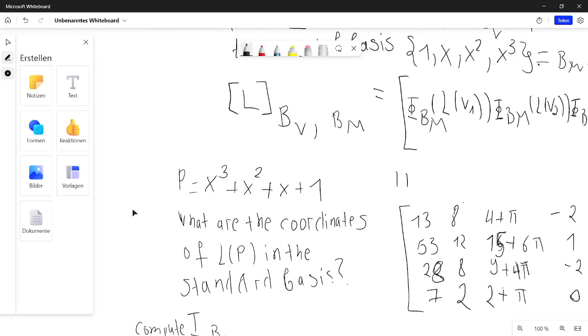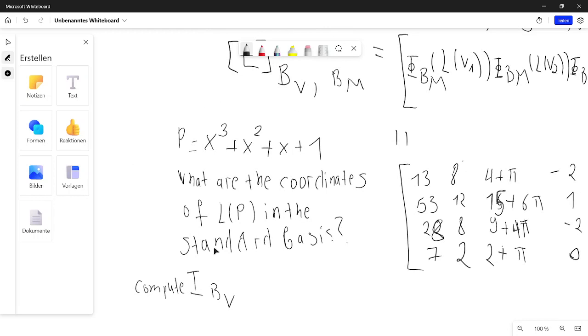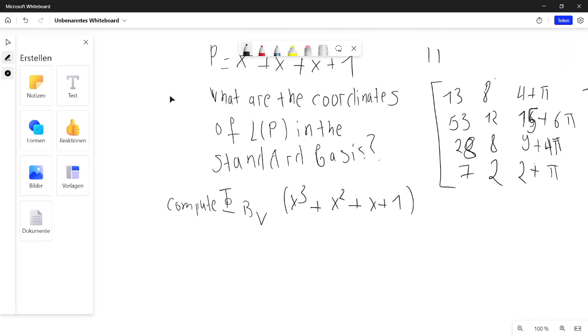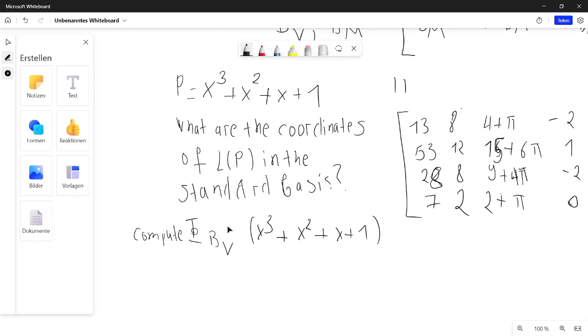How do you do that? Well, that's basically Gauss. I won't do that, of course. Not that nice. How do you compute that?